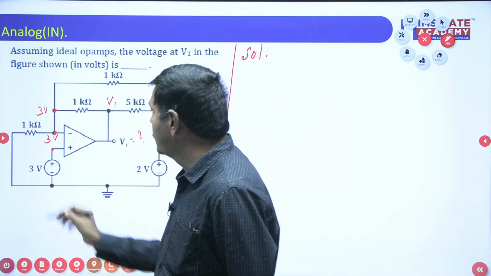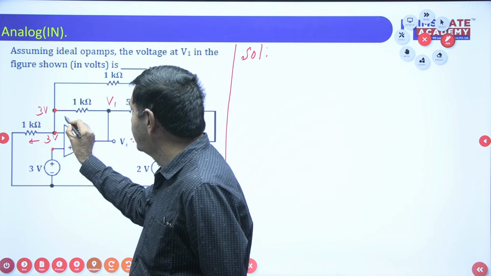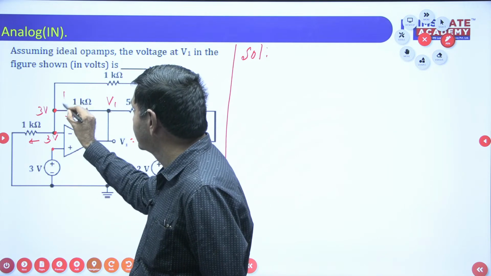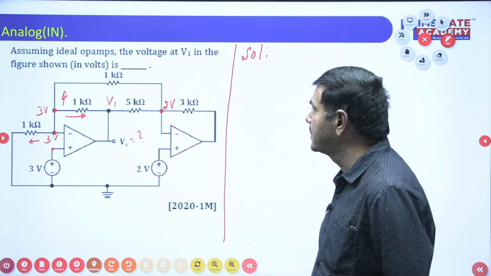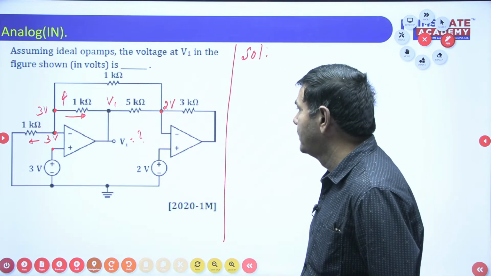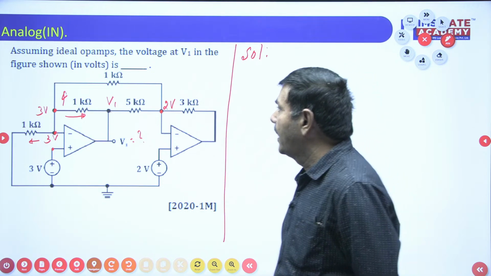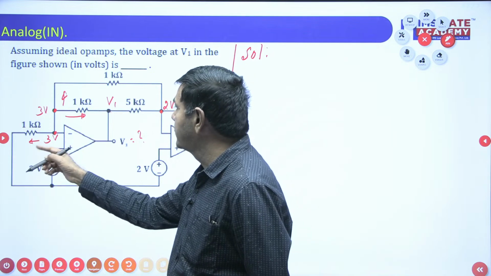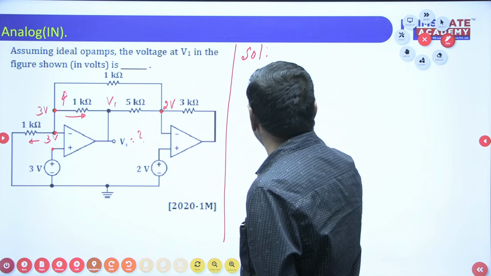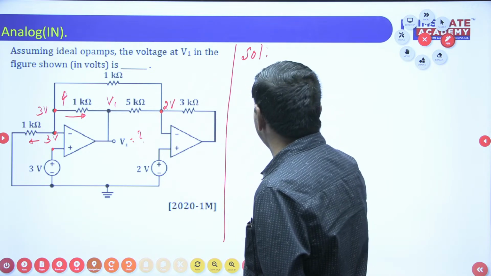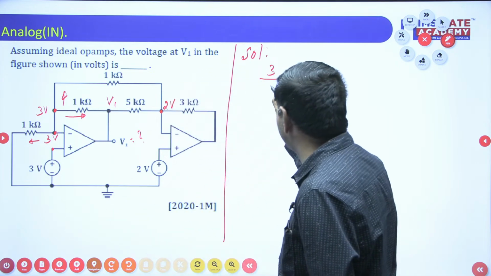How can I apply the nodal? This current plus this current plus this current equal to 0. Summation of all these currents equal to 0, directly you can put. How can you find that voltage? I can write this side current as 3 by 1K, it goes to ground.